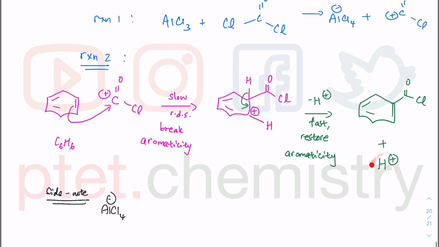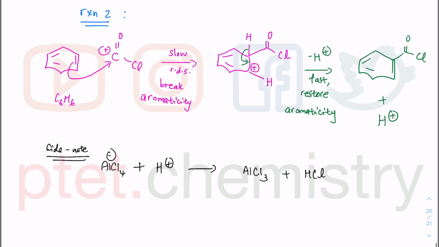At the end of this reaction, you kick out H plus. So that H plus combines with the Cl minus, then you're going to regenerate AlCl3 and you will get HCl. And this is AlCl3 regenerated or reformed because it's a catalyst, and the catalyst is not used up in the reaction.